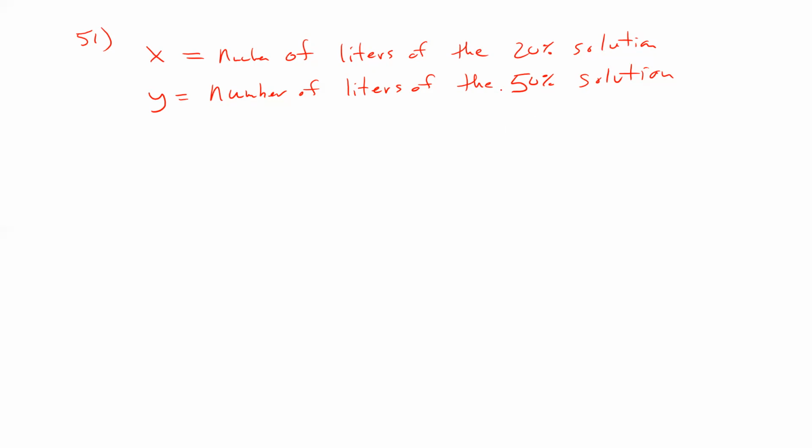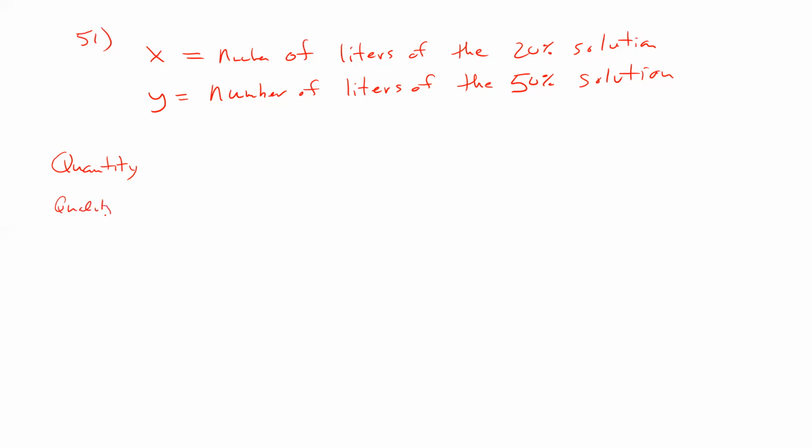I like to do these in terms of something called the quantity equation. Just how much do you have? And then I call it the quality or the percent solution.